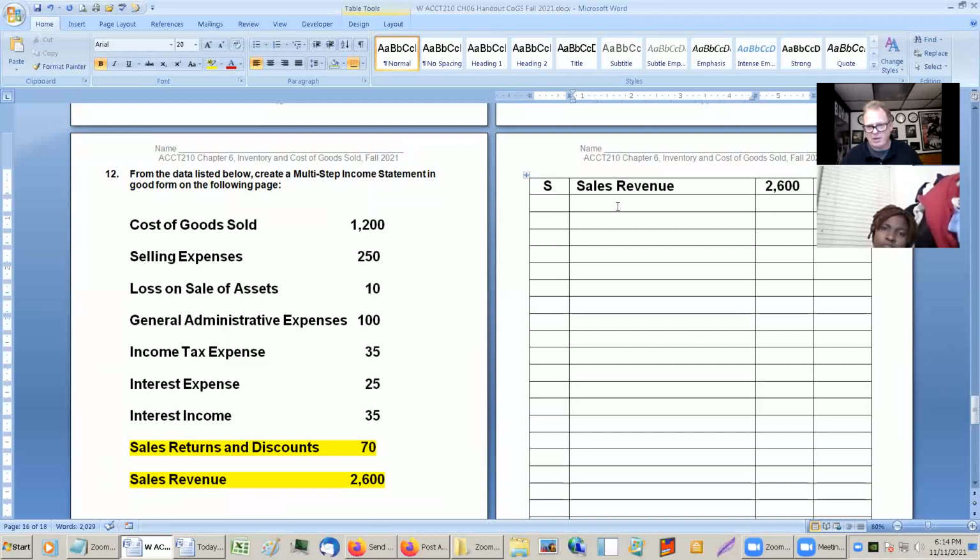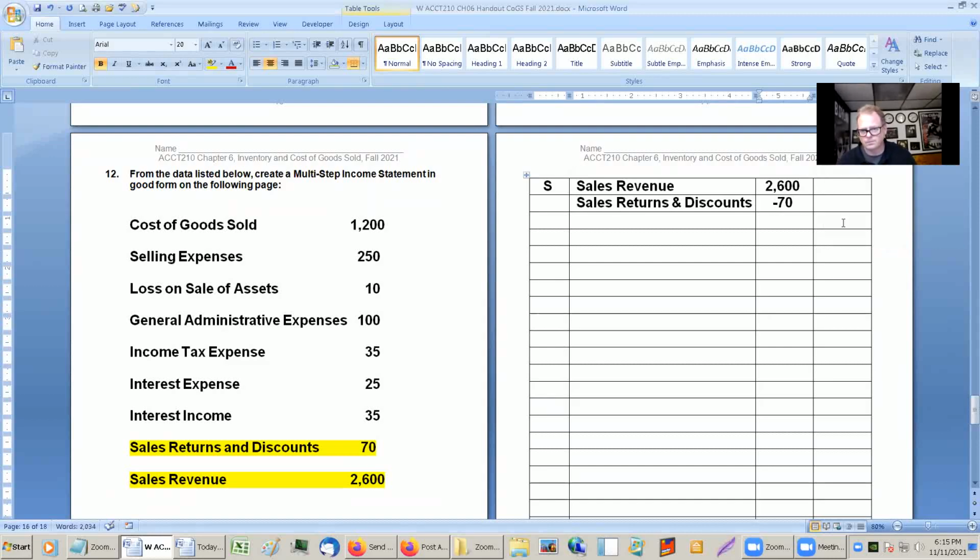So sales returns and discounts are going to be subtracted from sales, and what we're going to end up with is our net sales.